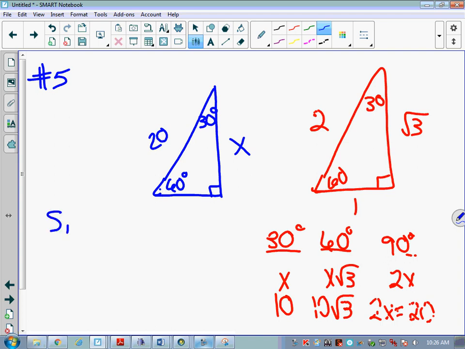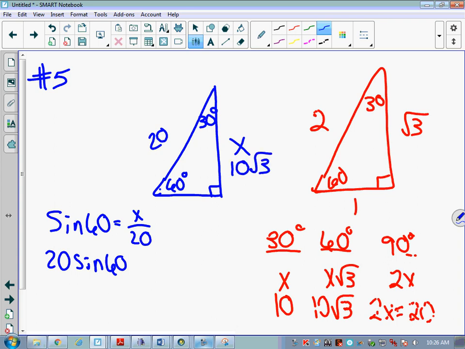So we would say sine 60 equals x over 20. So what I would end up writing is 20 sine 60, right? Well, what is 20 sine 60? Okay, well, what is 10 radical 3? Because that's what we determined we'd get. Is that the same decimal? Yeah, comes out to the same thing.